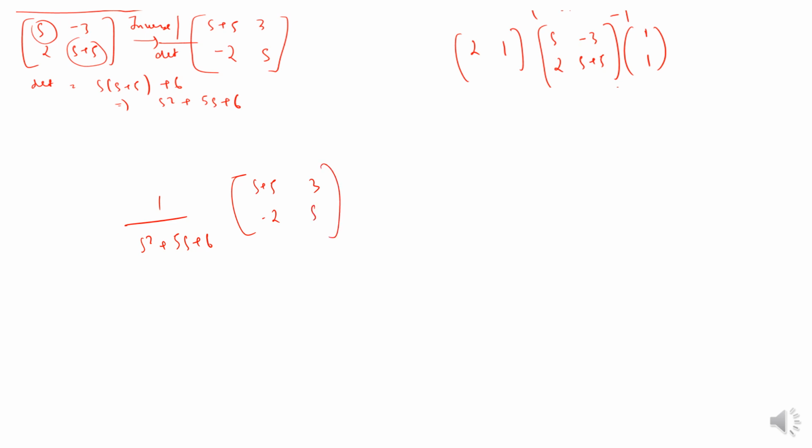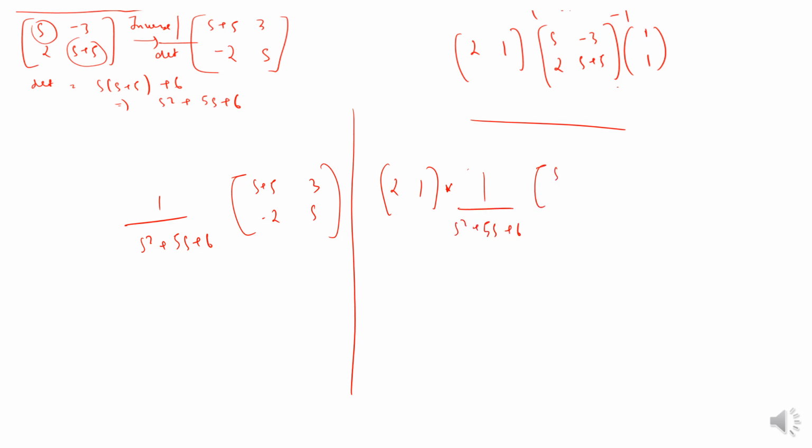Now what do I need to find? I need to find 2, 1 into 1 by (s square plus 5s plus 6) into the matrix s plus 5, 3, minus 2, s into 1, 1.